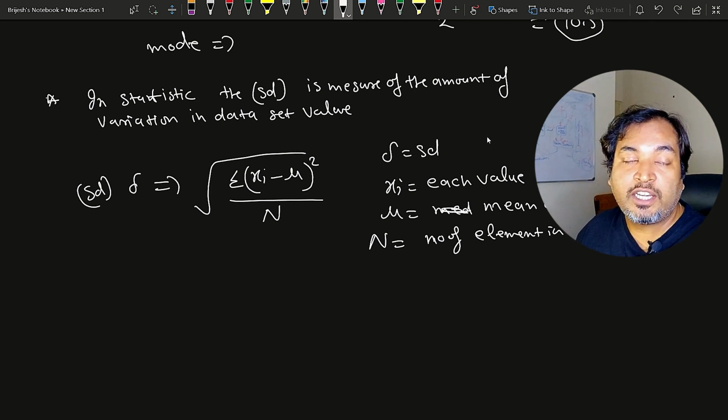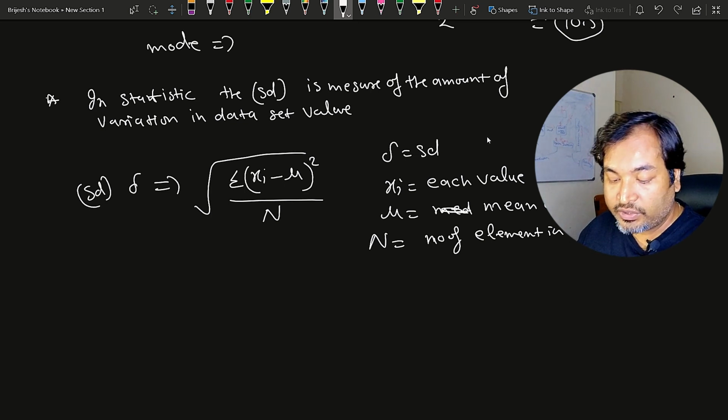So N denotes the length of the population.